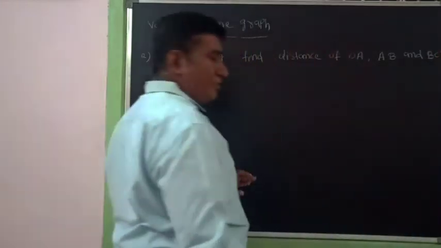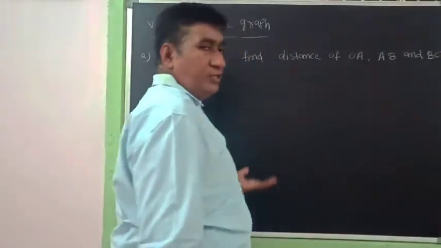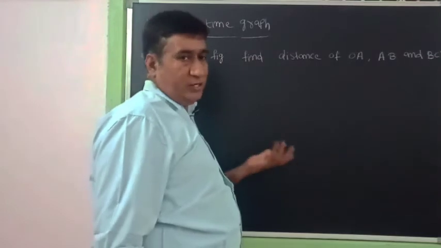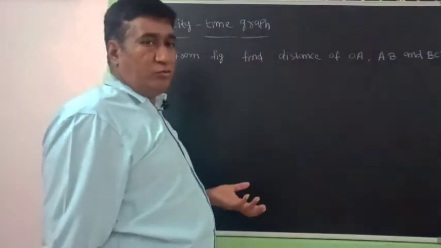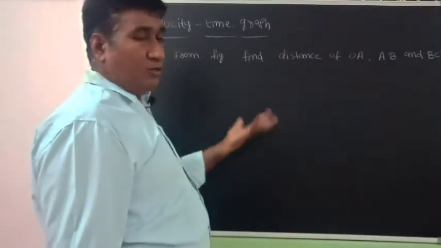Here it is not compulsory to take OA, AB and BC, they can give X, Y, Z or P, Q, R, S. Whatever it may be, they can give. Sometimes they will not give, in such a case we can assume and then solve.